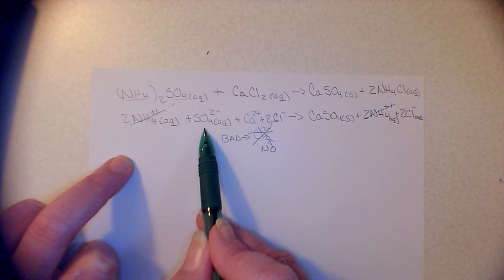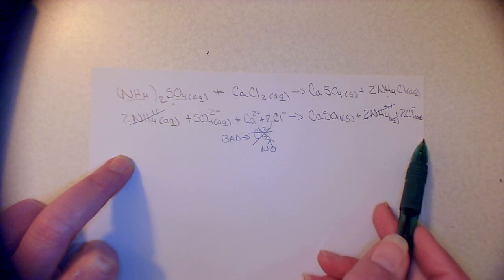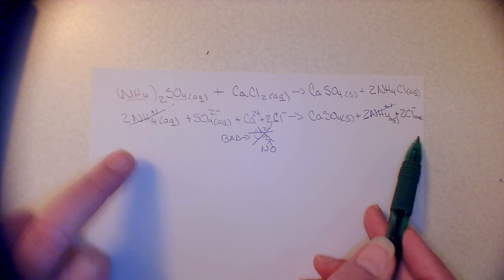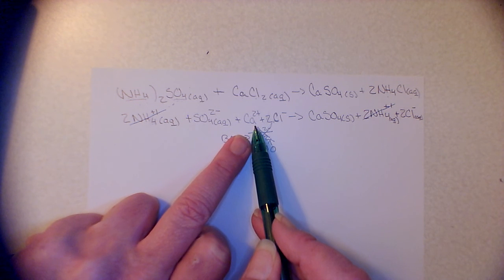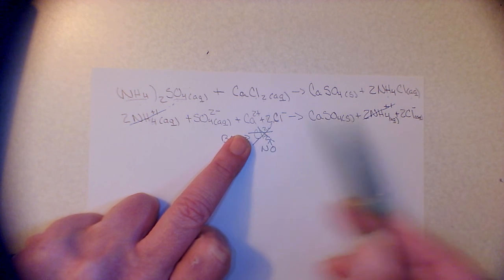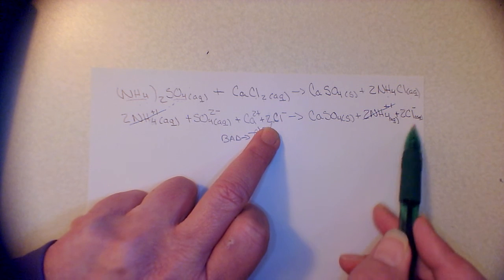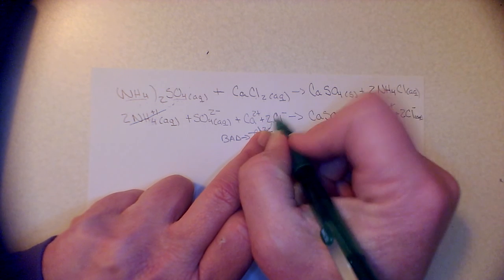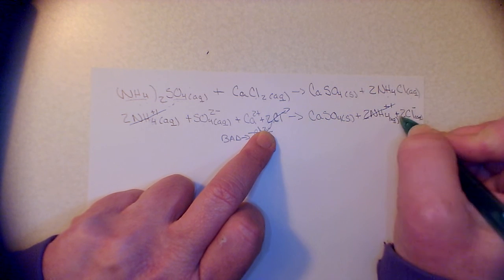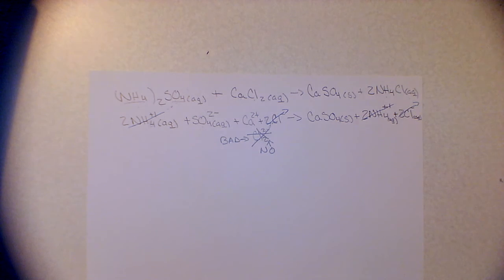I have a sulfate ion on this side and nothing on that side, so that stays. I have a Ca2+ ion on this side and no Ca2+ ion on that side, so it stays. But I have 2 chlorine ions that exist on both sides of the equation, so they go away.